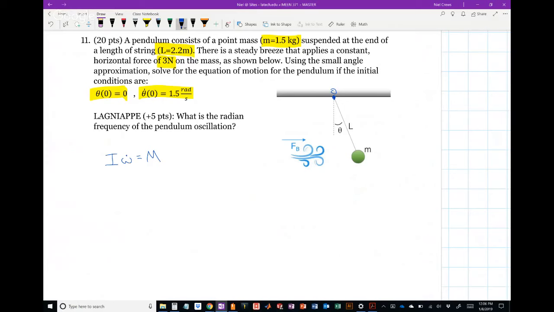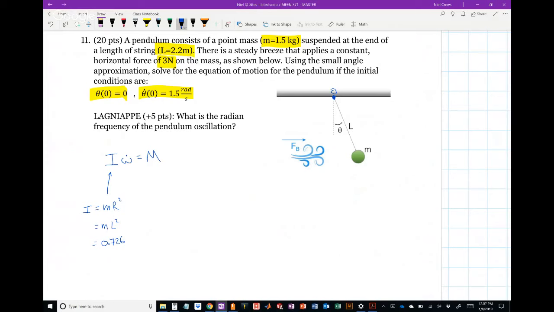For a mass moving around, the moment of inertia is simply m r squared. In this case it's going to be m l squared. Since we know all of these values, that is simply going to be 0.726.